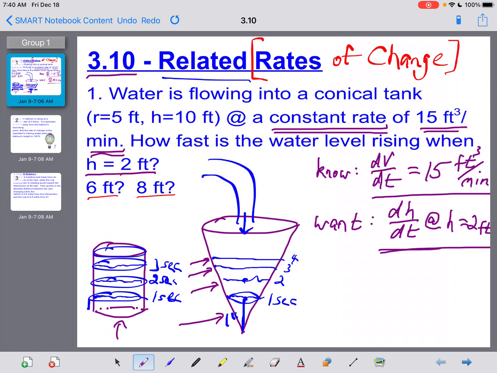And so what we need eventually is an equation that relates this derivative with this derivative, related rates of change, or related derivatives. That's what we're going for. But before we can talk, everybody, about an equation that relates the derivative of volume and the derivative of height, we need a simpler equation that just relates volume and height. Those two things all by themselves.